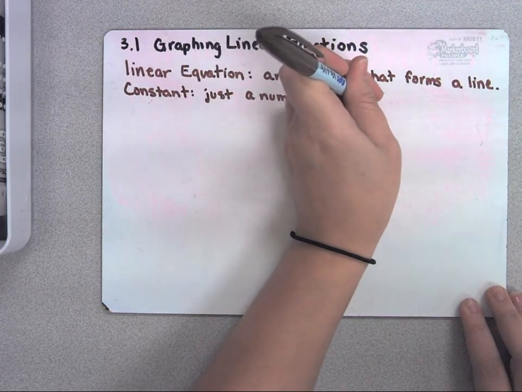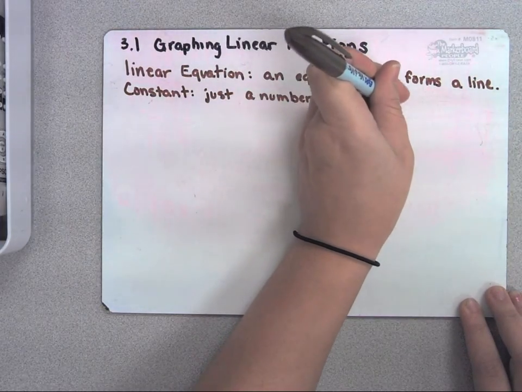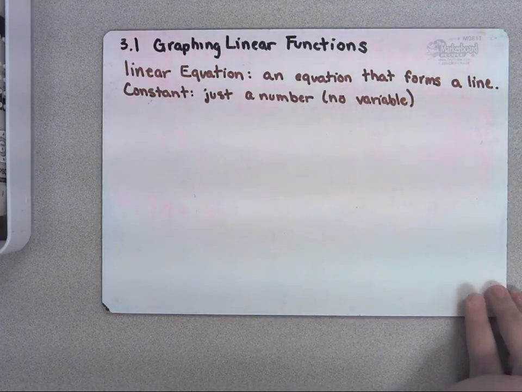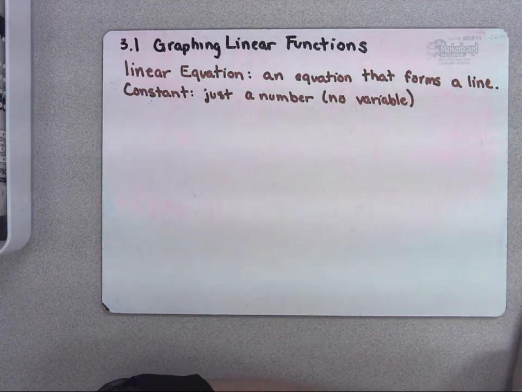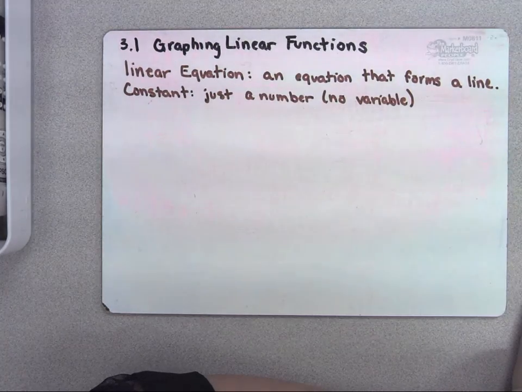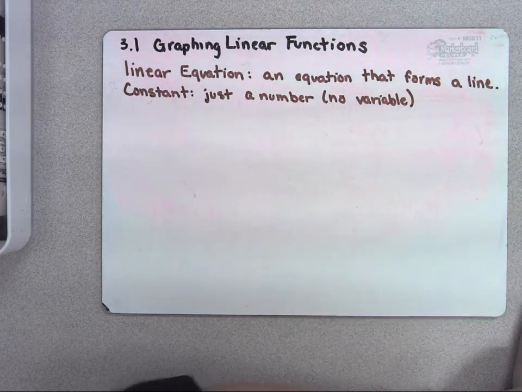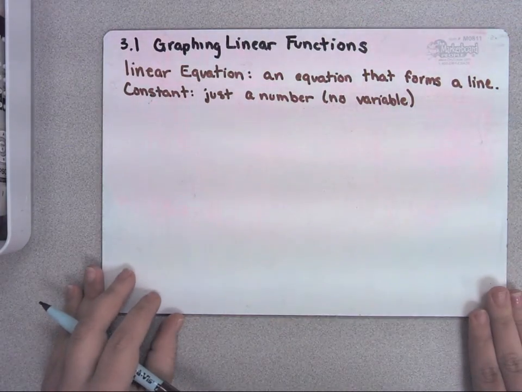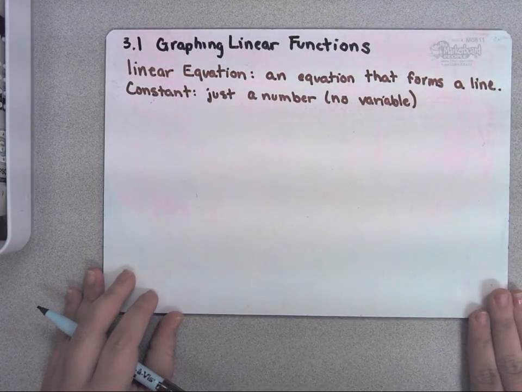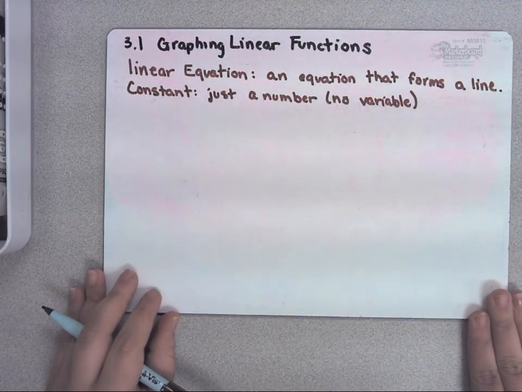No variable. Do you remember what the word is that represents a number that's attached to a variable? Coefficient, yes. I know that some of us did confuse those before. All right, so I'm just glad we're getting it now.